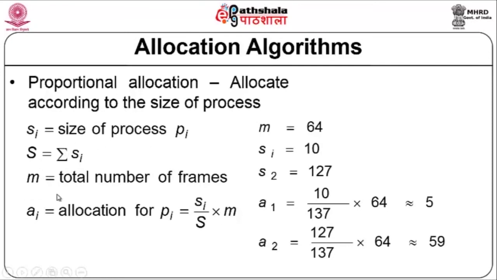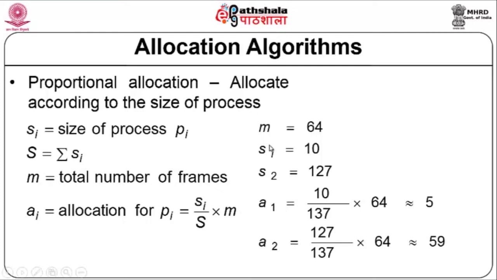And suppose M is the total number of frames that are currently available. Now, how you allocate for one process is you take the amount needed for this process Pi out of the total space, multiplied by the total number of frames.